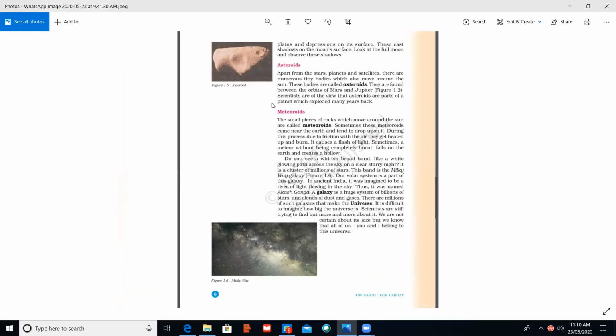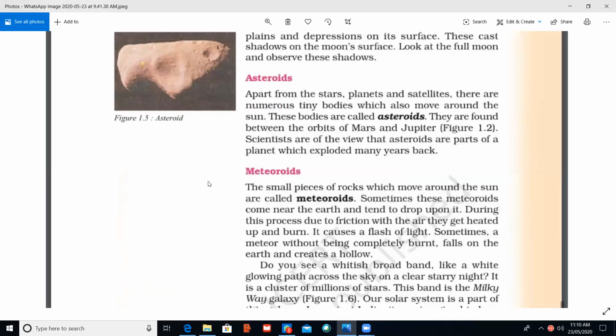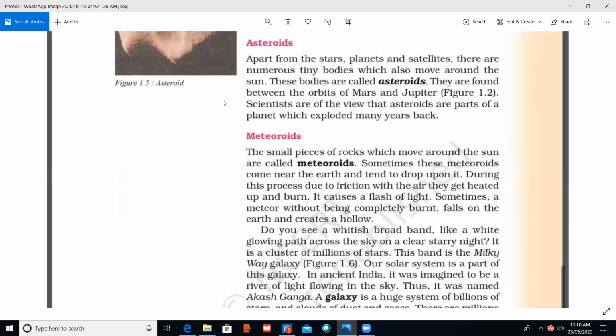Asteroids and meteoroids. What's the difference between the two? We'll know in a few minutes. Asteroids. Apart from the stars, planets, and satellites, there are numerous tiny bodies which also move around the sun.